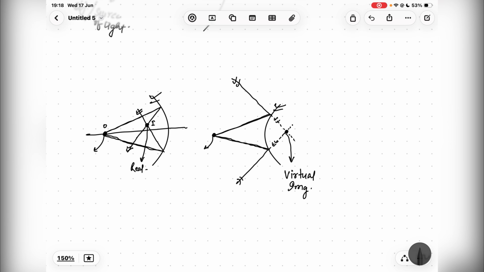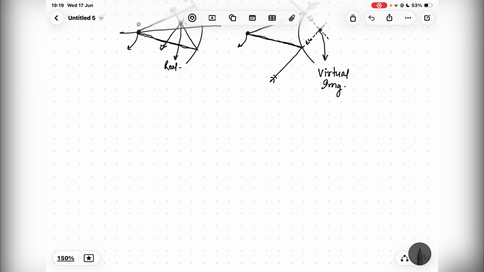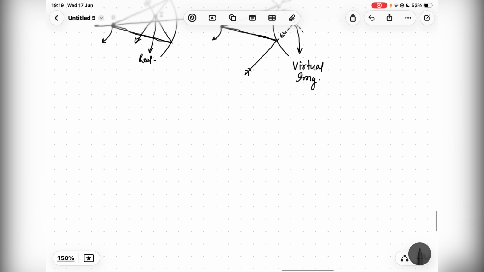But in some cases the objects do not always give off diverging rays. Sometimes they give off converging rays. And what happens is, let's take an example. Let's take a concave mirror, and let's take a converging ray.